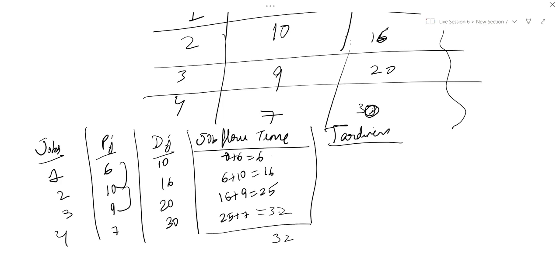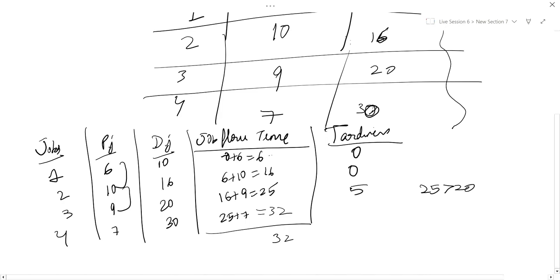Now see, the job flow time is lesser than the due date time, so there is no delay. So it is 0. Again the job flow time is equal to the due date time, so again there is no delay, that is 0. Now again the job flow time here is greater than the due date time. Since 25 is greater than 20, there is a delay of 5 days.